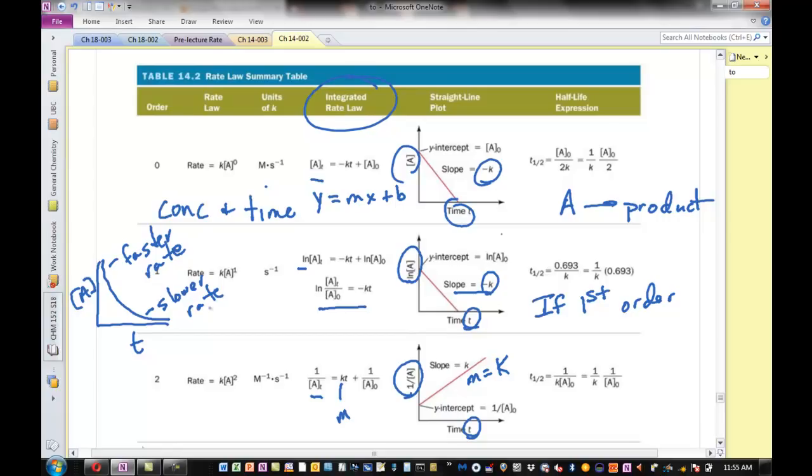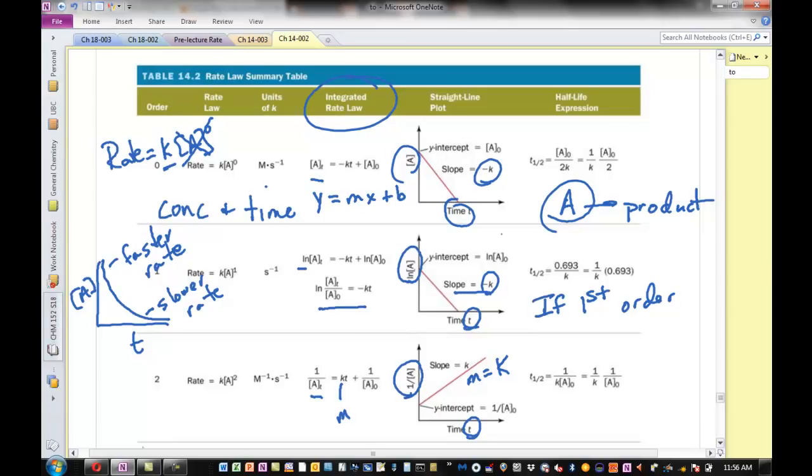Now remember, zero order is kind of a special case where the rate is constant. So for zero order, for one reactant going to product, the concentration term goes away. That's just one. Rate is constant.